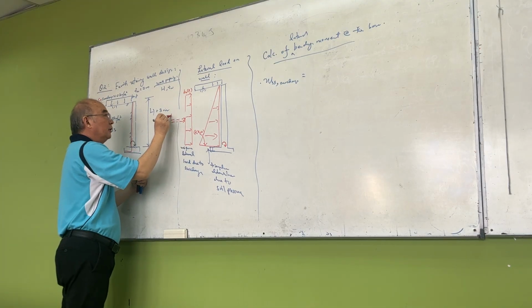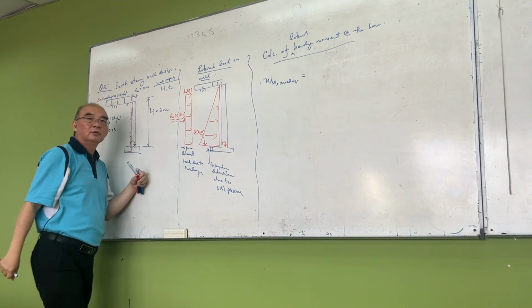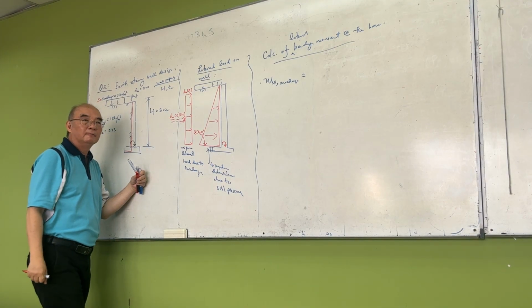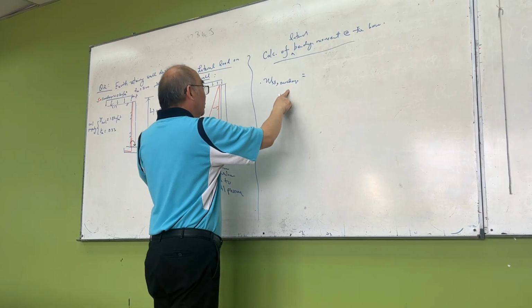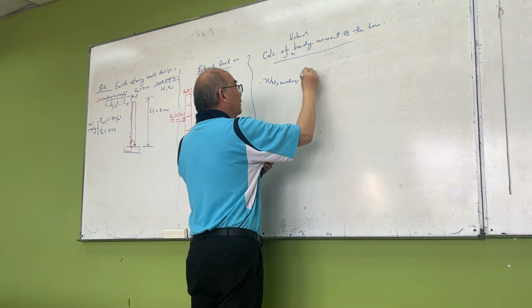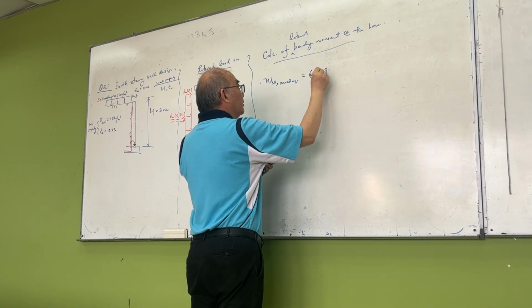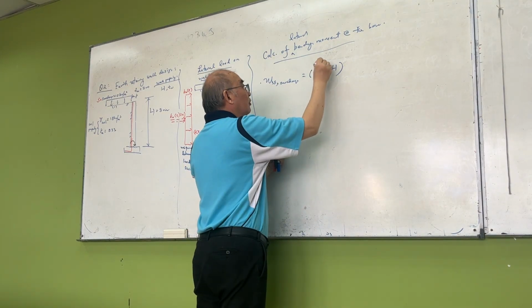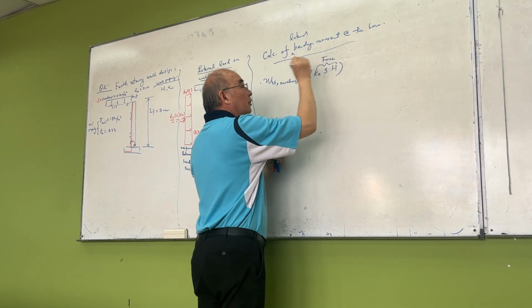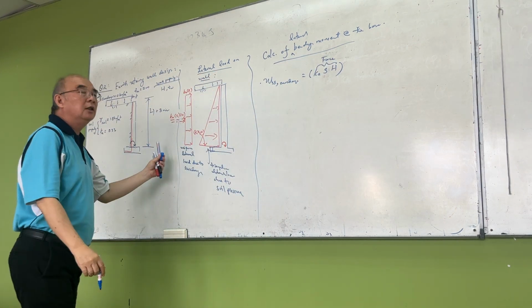That's my force: Ka times S multiplied by H. Ms due to the surcharge, because the force is Ka S H, acts in the middle.